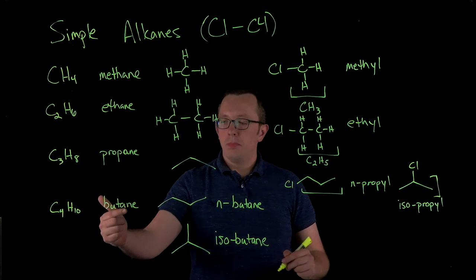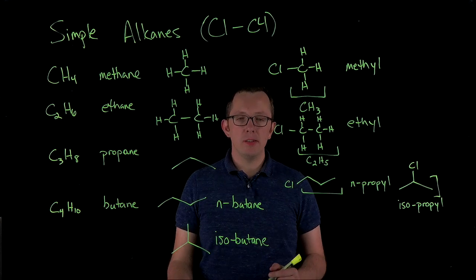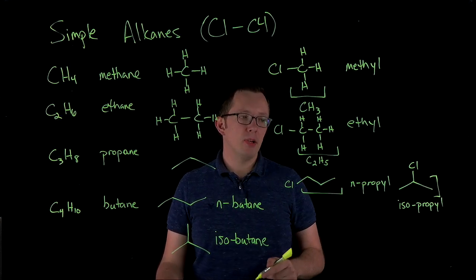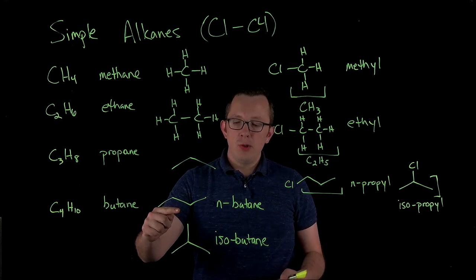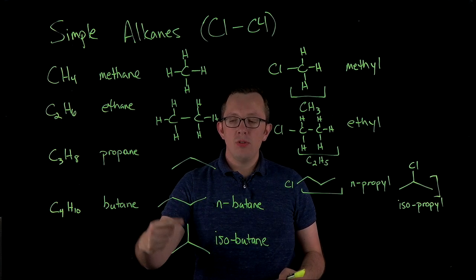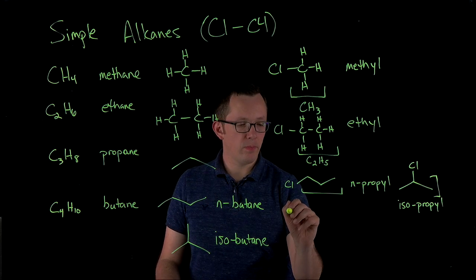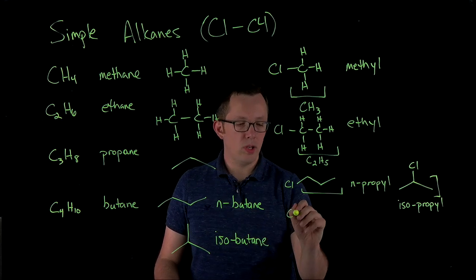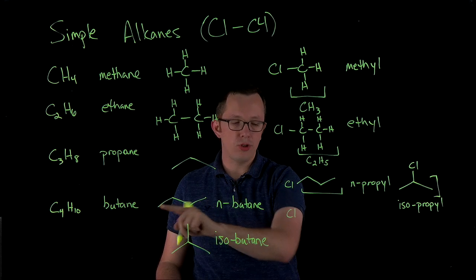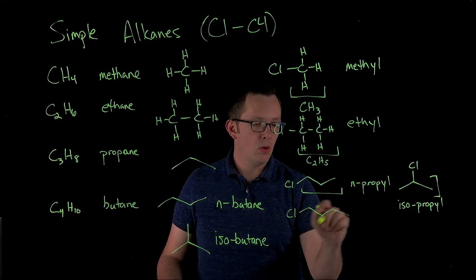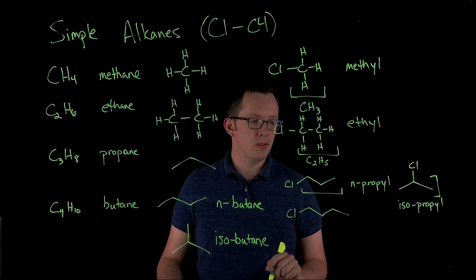Okay. Butane, again, things are going to be a little bit more complicated than we had with methyl and ethyl. n-Butane and isobutane, we're going to be able to make 2 different substituents from each. So in the case of n-butane, we can replace the hydrogen on the end, 1, 2, 3, 4 carbons.